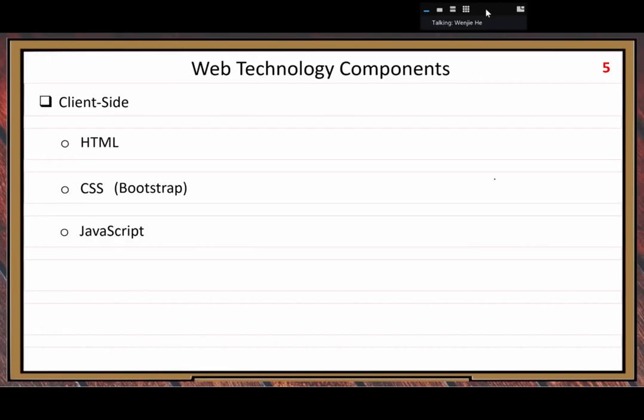And jQuery, Ajax, JSON: some technologies related to JavaScript, sub-technologies inside JavaScript.